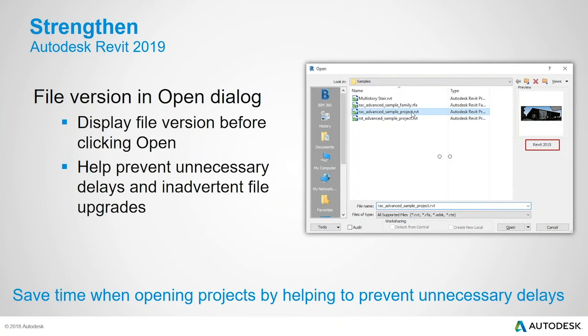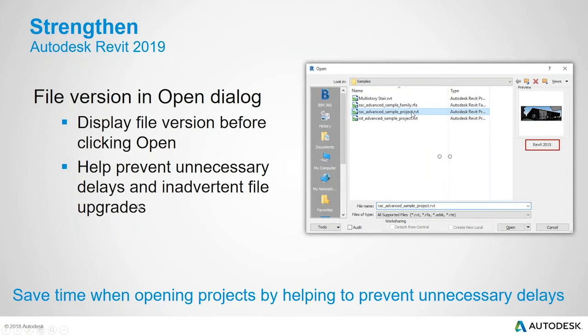Another small but really big improvement or enhancement to Revit 2019 is the ability to select both an RVT file and an RFA file and have the Revit open dialog box tell us what version those files were created in.